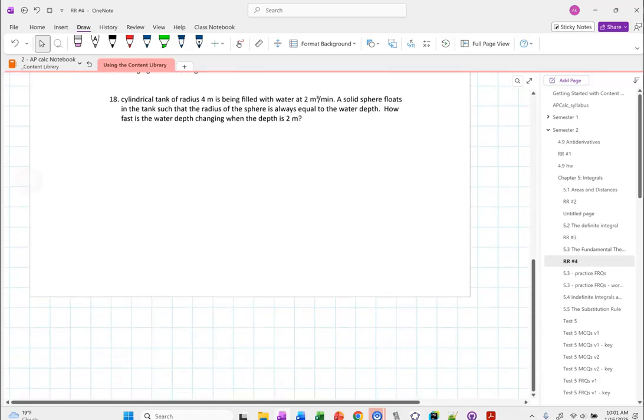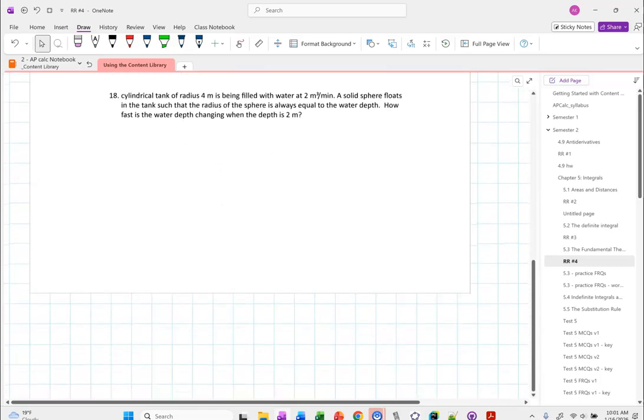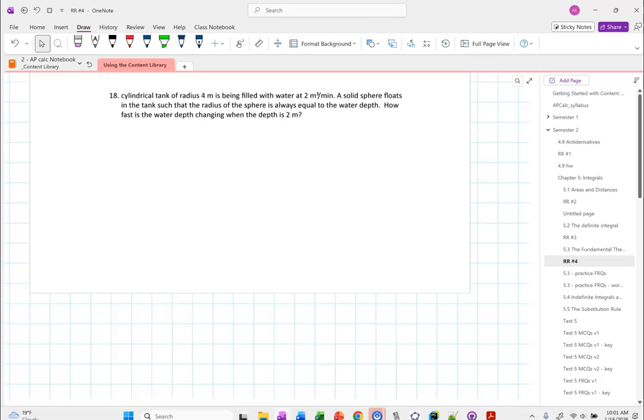18 says a cylindrical tank of radius 4 is being filled with water at 2 cubic meters per minute. A solid sphere floats in the tank such that the radius of the sphere is always equal to the water depth. How fast is the water depth changing when the water depth is 2 meters? Rough, right? Not entirely clear what the picture is going to look like.